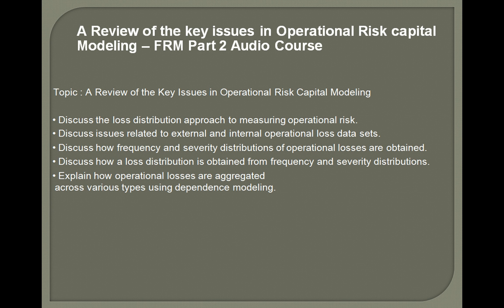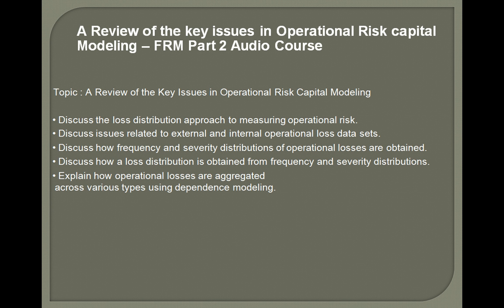This describes the loss distribution obtained from frequency and severity distributions. Through the process of convolution, the frequency and severity can be combined into a single operational loss distribution. Convolution means interlinking the frequency and severity distributions into a single operational loss distribution.